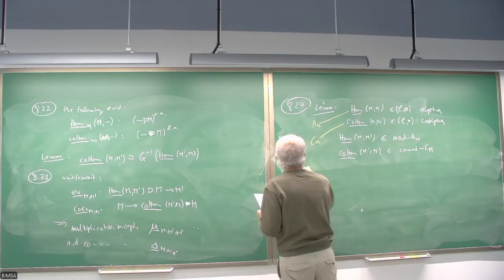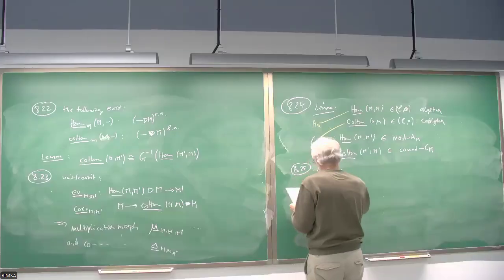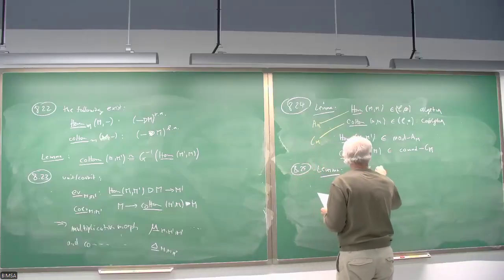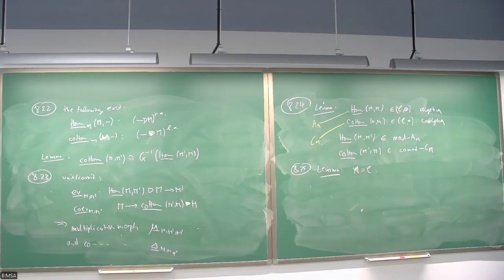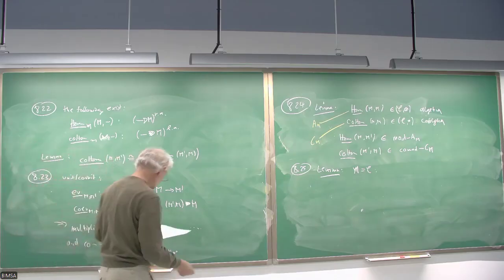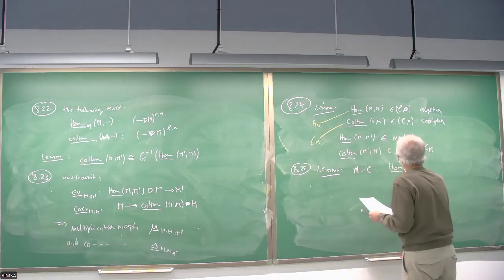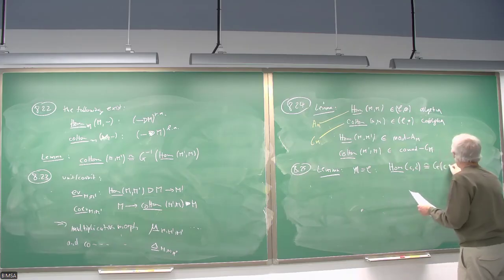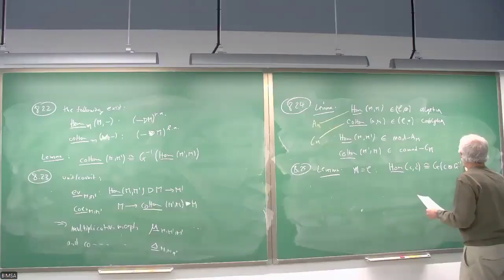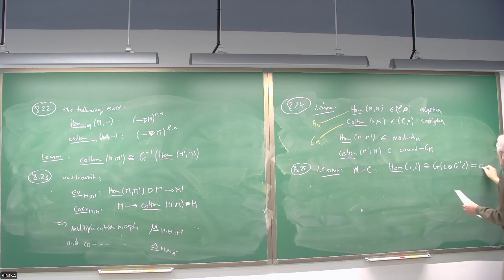And in the special case of the regular module, we have that the internal hom of C, C prime is isomorphic to the tensor product C ⊗ C prime inverse, which by definition of the block product is nothing but C prime.